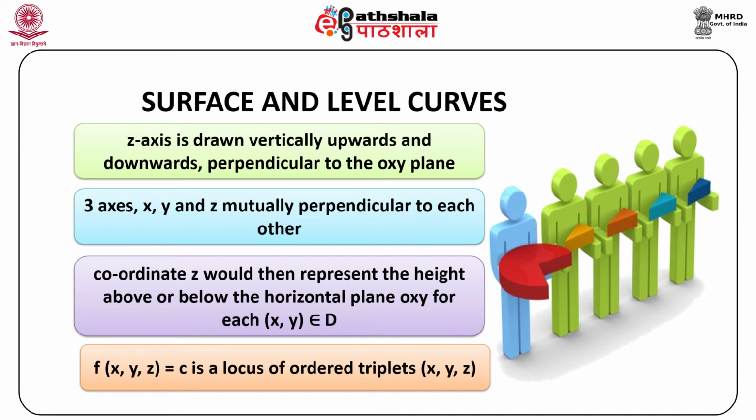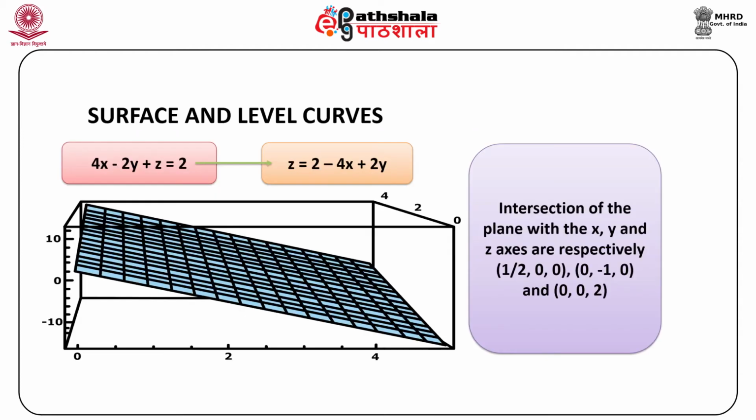D. The graph of the equation f(x, y, z) is equal to c is a locus of ordered triplets (x, y, z) satisfying the given equation. The given figure shows a surface corresponding to the equation of a plane 4x minus 2y plus z is equal to 2.